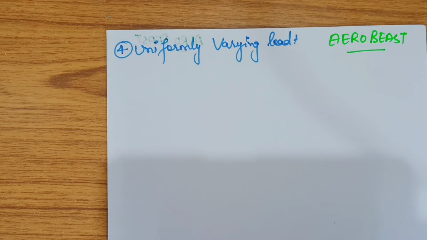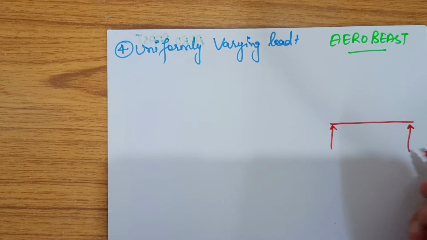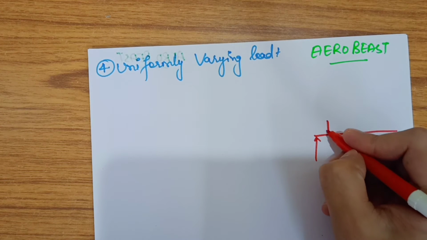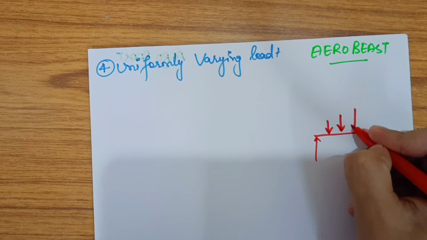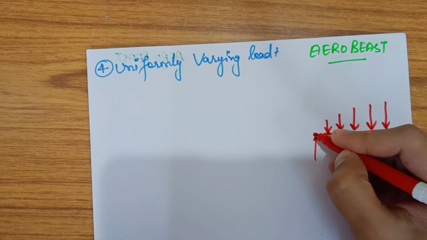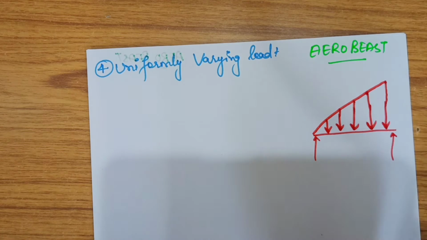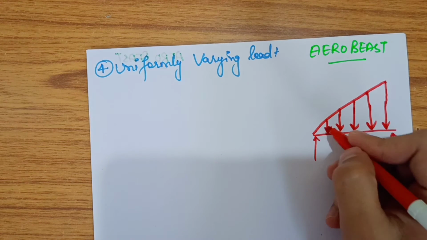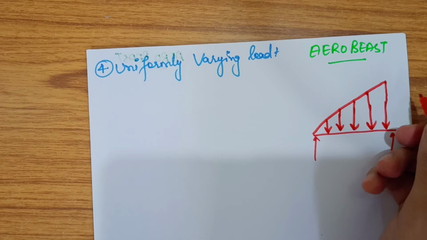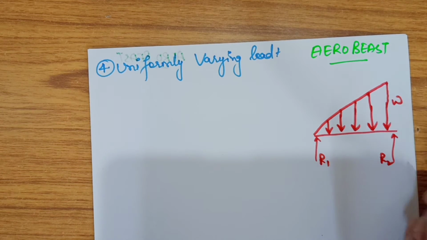If the load is spread over a beam in such a manner that the rate of loading varies from point to point, like I'm making the diagram, the load is varying from point to point. Here the load is increasing. W is the load, R1 is the reaction, R2 is the reaction.